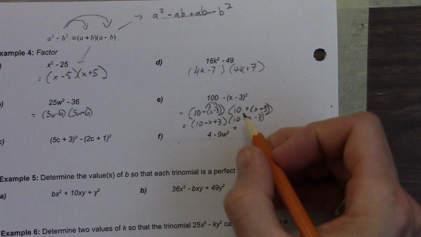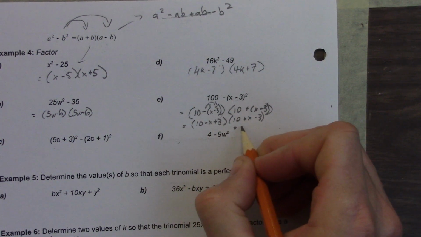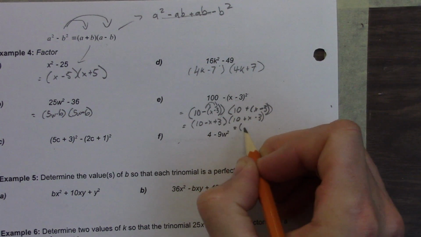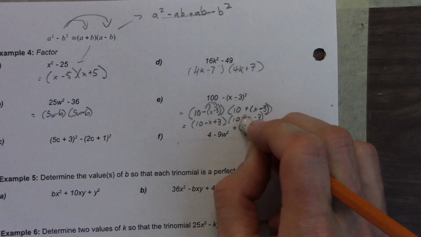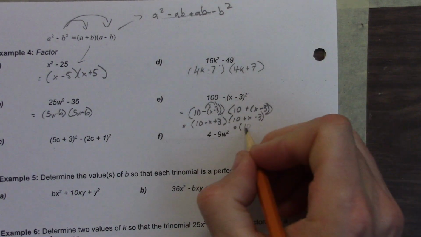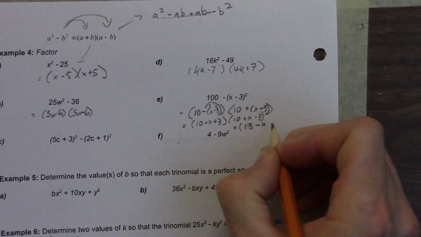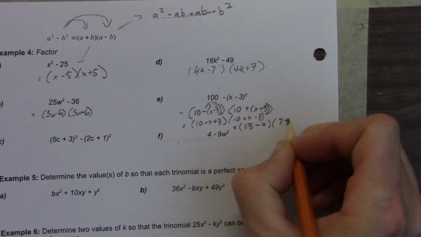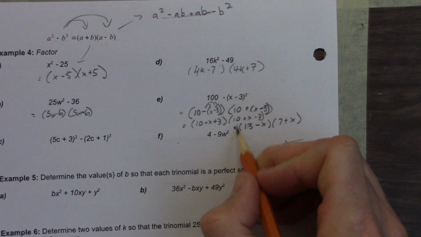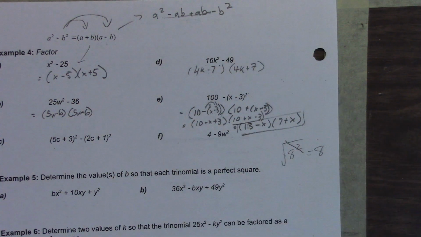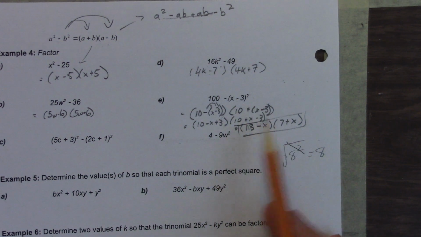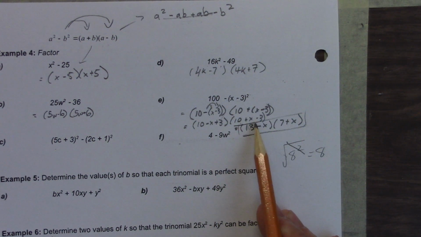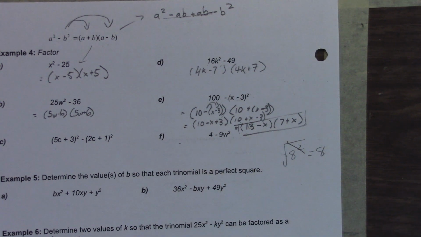So what we get is 10 plus 3, 13, minus x, times 7 plus x. That's our final answer. 10 minus 3, right here. Okay? Any questions with that one?